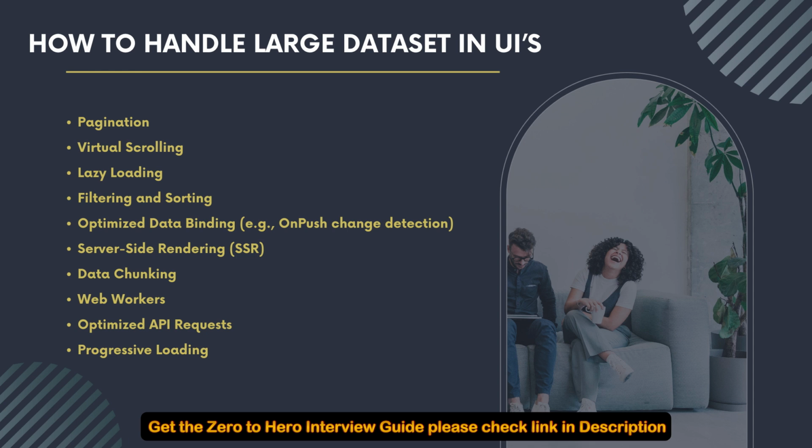Taking 1,000 as an example, it will create a count of 10 pages. When we click on the next page, second page or third page, it gives the data accordingly.